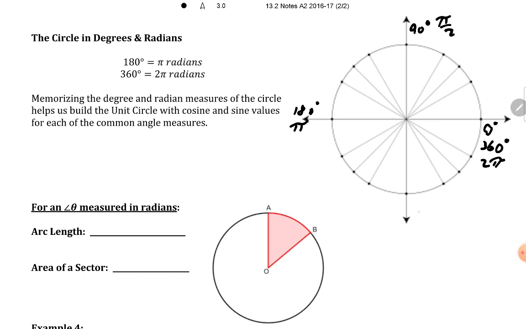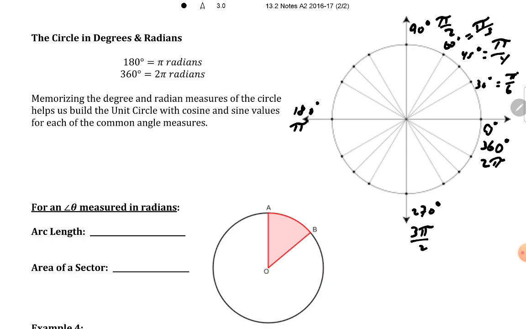And at 270 degrees, we call this 3 pi over 2. 45 degrees is pi over 4. 60 degrees is pi over 3. 30 degrees is pi over 6.